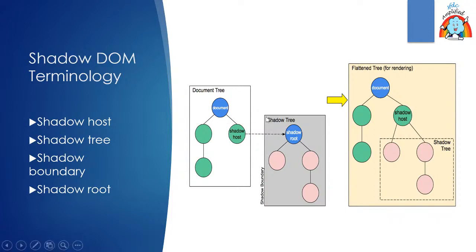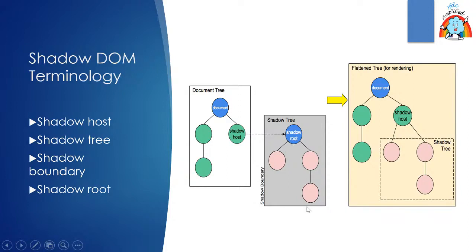And then there is the shadow boundary, the place where the shadow DOM ends, and then the regular DOM starts. Here it shows the shadow boundary and where it ends. You can see there is a normal DOM, attached to it is a shadow host, and the whole tree structure is there. And then the shadow boundary ends it. And then we have the shadow root, which is the root node of the shadow tree. Basically, it starts from there.